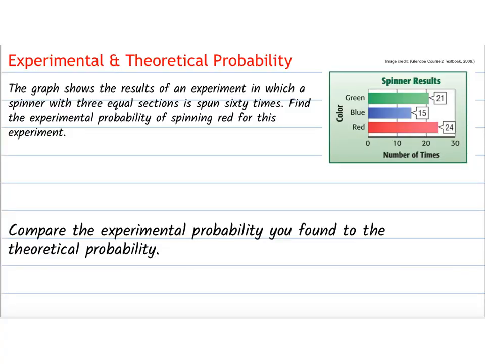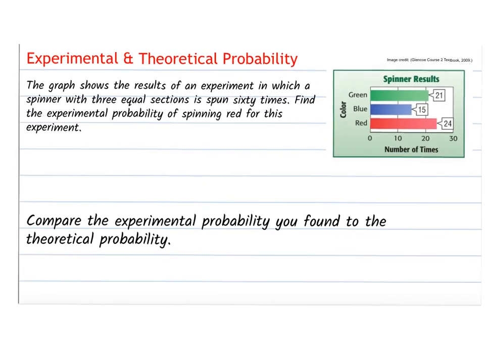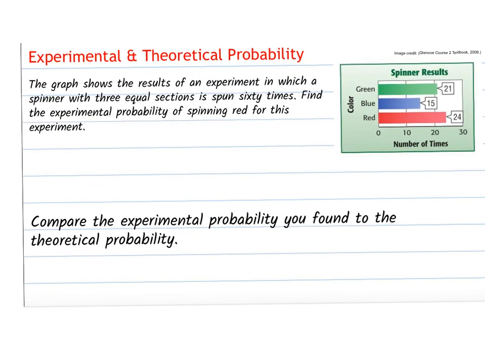Experimental versus theoretical. So here we have a graph, spinner results, that show they have 3 equal sections, and it was spun 60 times in an experiment. So that actually happened. So we want to know what is the actual result, the actual probability of spinning a red. So we see that red was 24 outcomes.